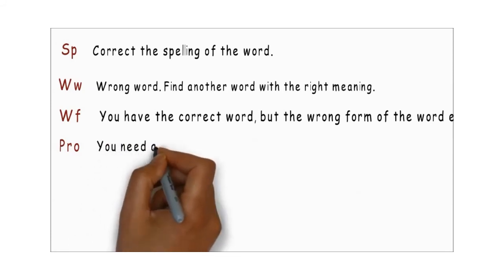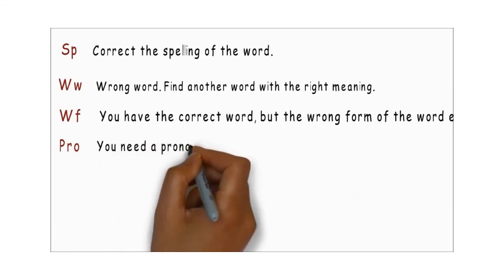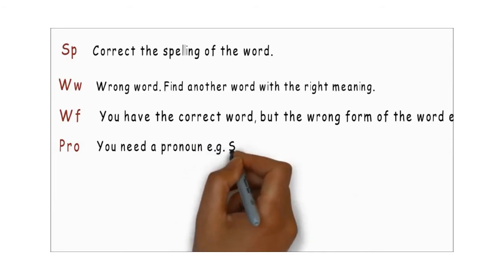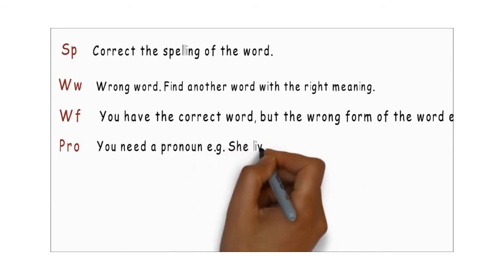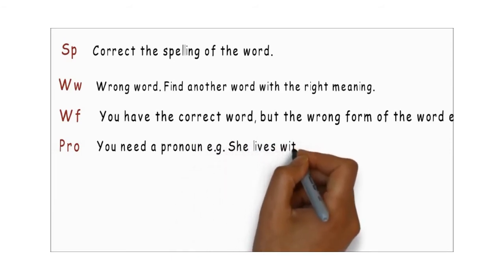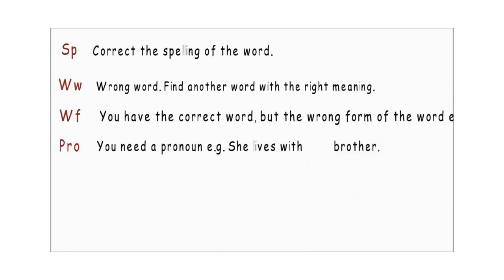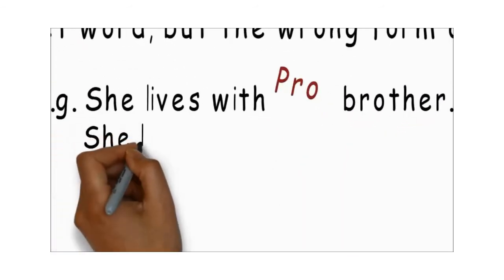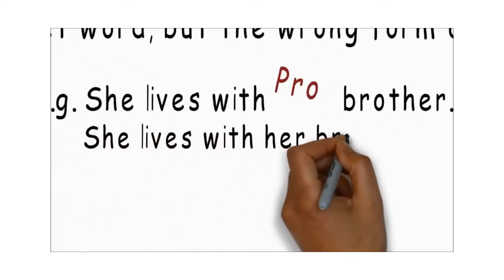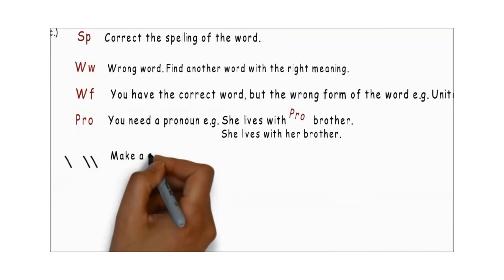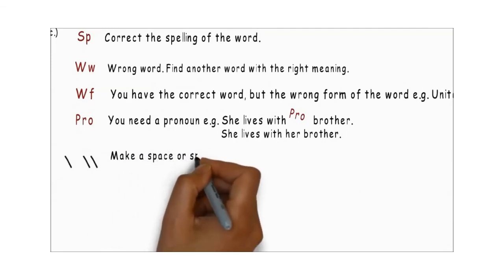Pronouns take the place of a noun. This helps with cohesion. In this example, a pronoun is missing from the sentence. Pronouns may be the name of a person, place, an animal, or a thing. Backslash may show a space is required in the sentence.